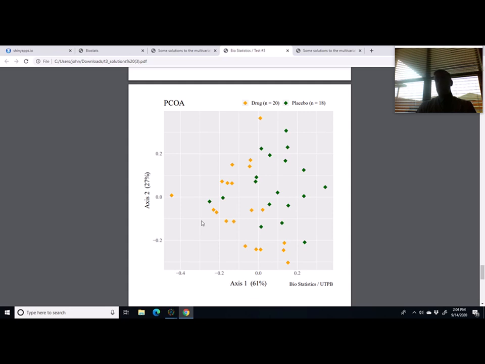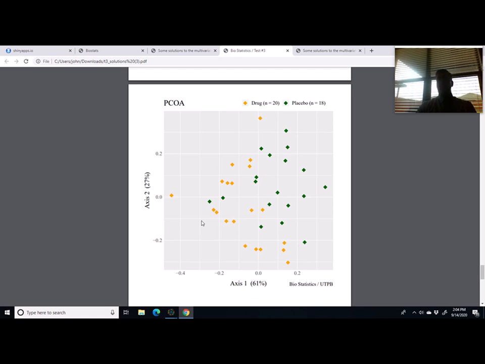So you could imagine now that if you randomly selected some of these points to be yellow or green, what's the chance that you would get this distribution? It's not very high, right? You're not going to just randomly get half of these, or 18 of these, to be on the left, or 20 of them to be on the left, and the other ones more towards the right. So this is a pattern where you can see the statistical significance.